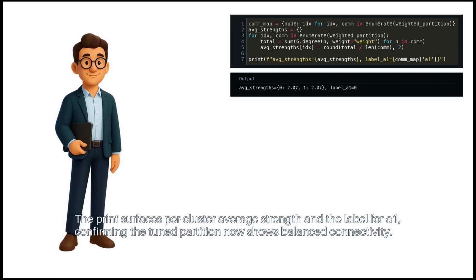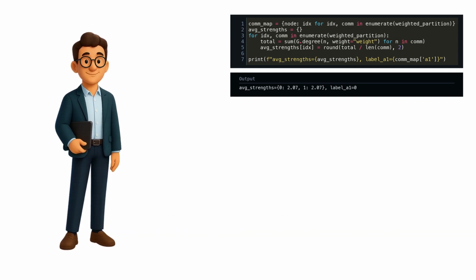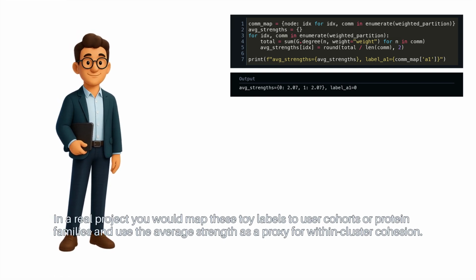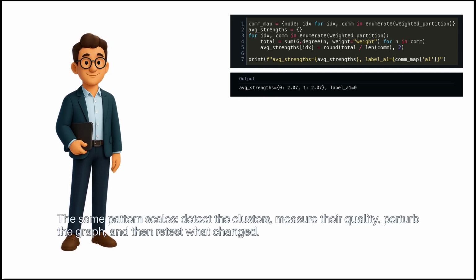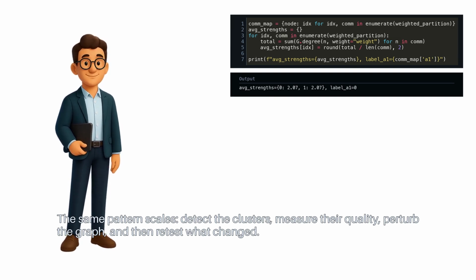The print surfaces per-cluster average strength and the label for A1, confirming the tuned partition now shows balanced connectivity. In a real project, you would map these toy labels to user cohorts or protein families, and use the average strength as a proxy for within-cluster cohesion. The same pattern scales: detect the clusters, measure their quality, perturb the graph, and then retest what changed.